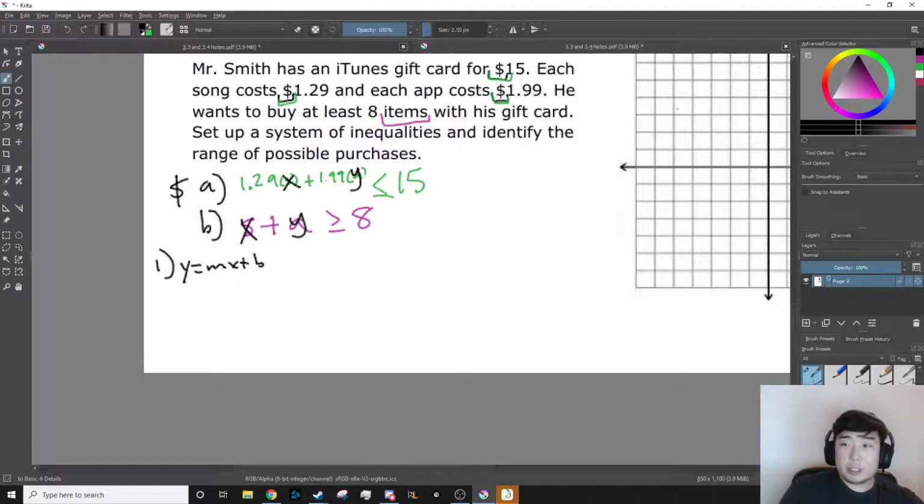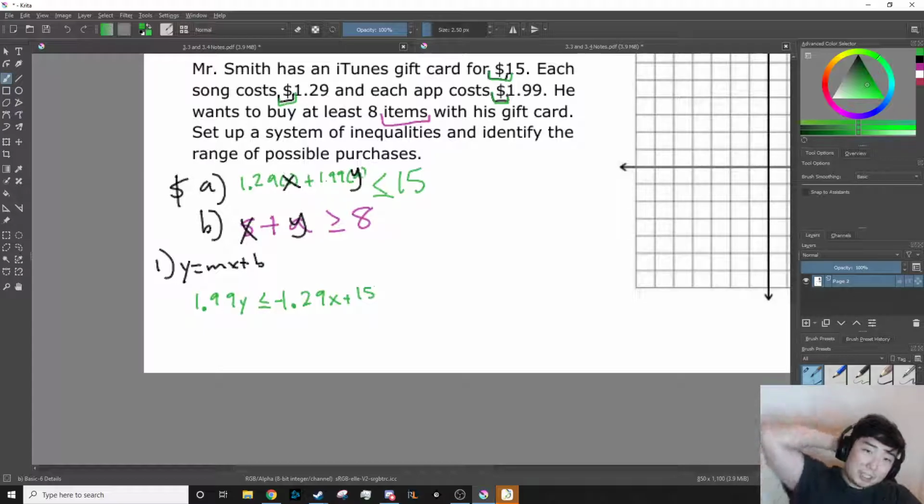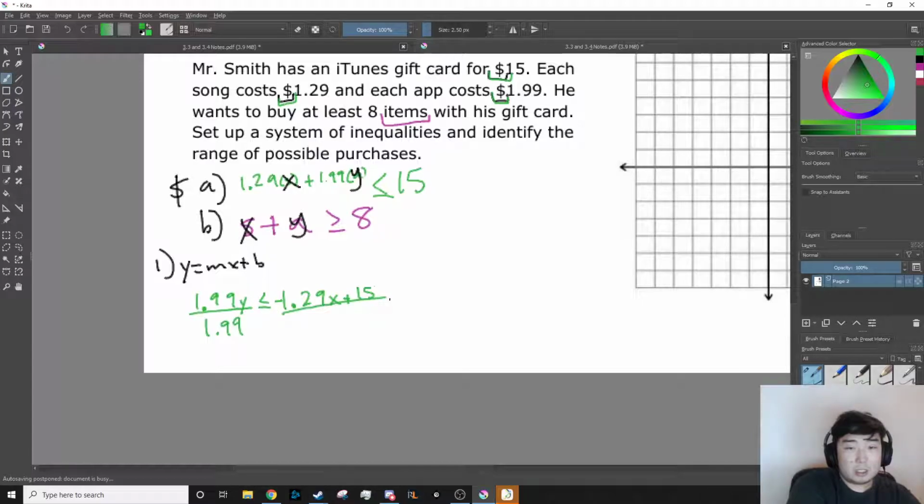So my A equation is going to be 1.99y is less than or equal to negative $1.30x plus 15, but this is a negative, right? Because we're subtracting this. All I did was subtract the $1.30x to the other side of the equation. And then now we just divide by 1.99 on all of this.